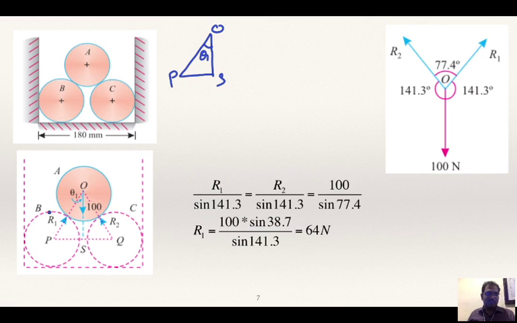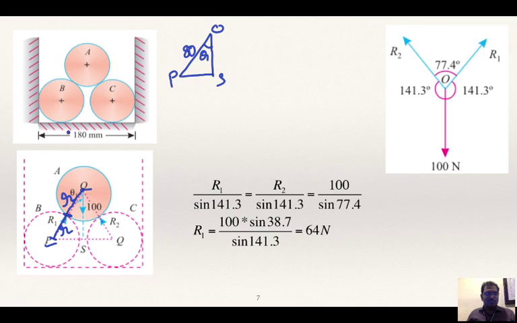Consider the distance from P to O. From P to the intersection point it is the radius of one ball, and from the intersection point to point O it is the radius of the other ball A. So it is R plus R, and obviously the radius of all three balls is equal, so it becomes the diameter. Next you have to find the distance PS.